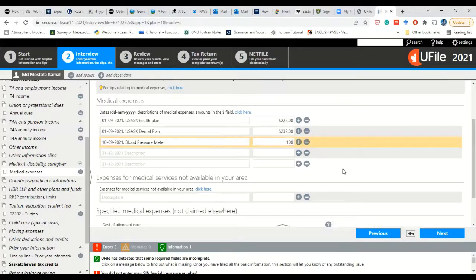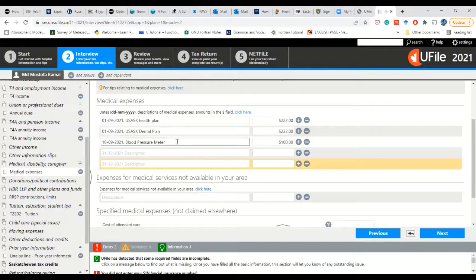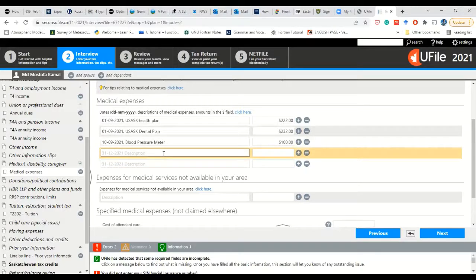You can claim it here, because I have this blood pressure meter covered. And let's say you bought some medicine for your diabetes. You can claim the same thing for those. If you bought a blood pressure meter with the recommendation from your doctor, it has an RX number, and you need to provide the RX number.